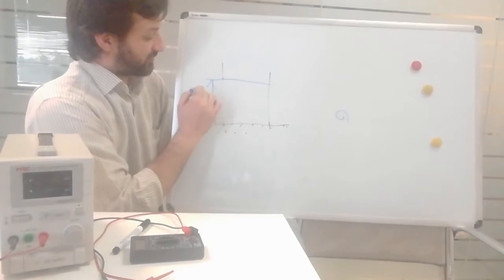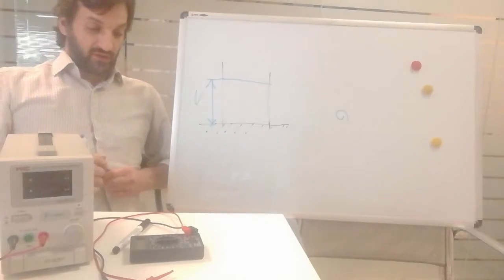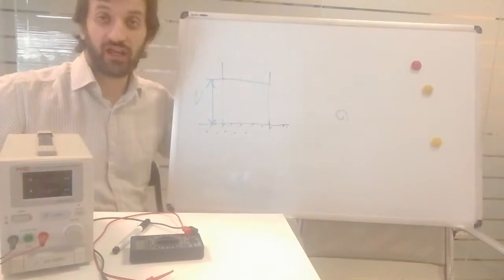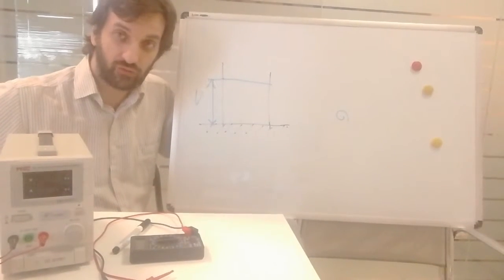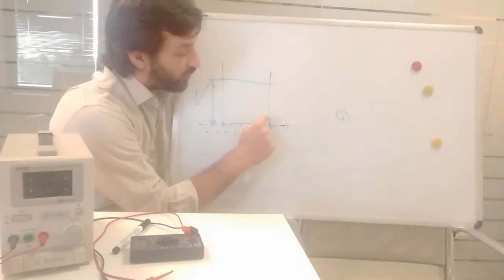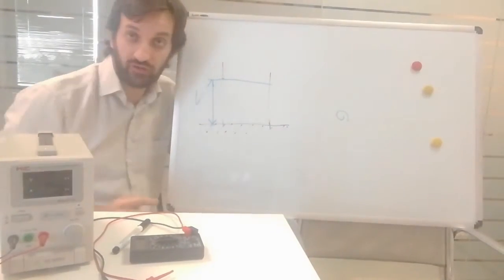So basically, the higher the water level, the higher the potential to create a flow from, let's say, a hole that we put here at the bottom.